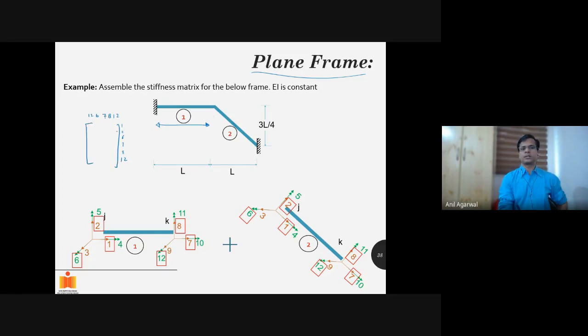Okay, so this will be the stiffness matrix. Agreed?